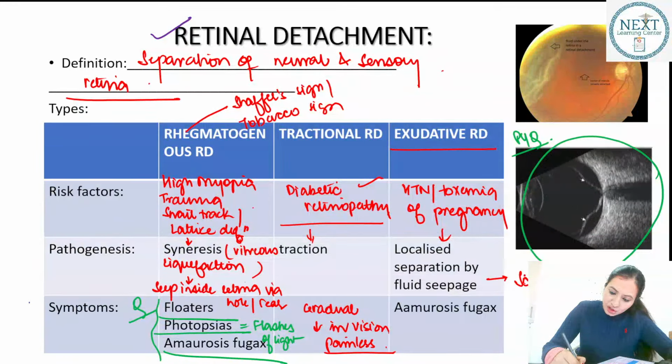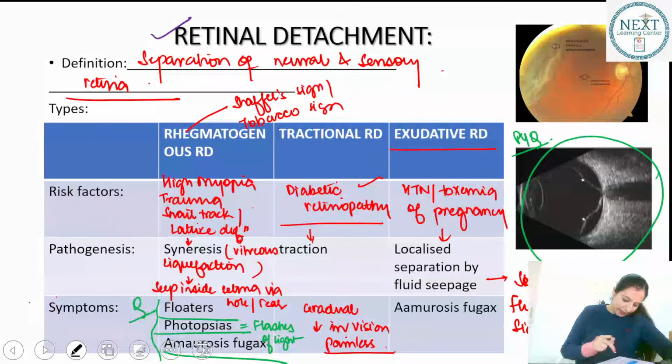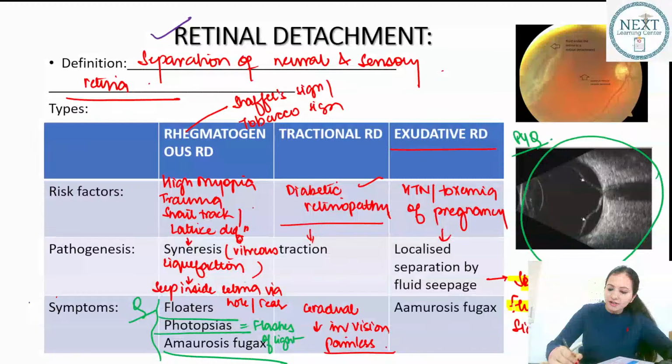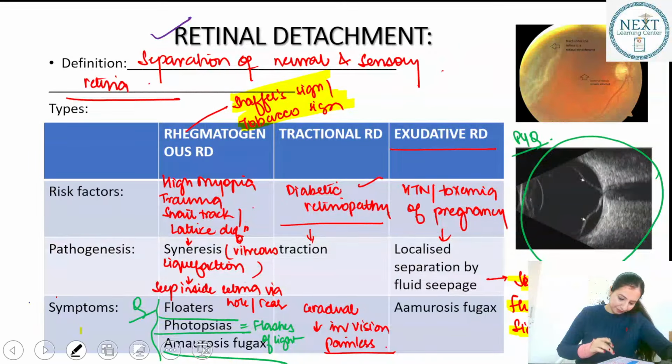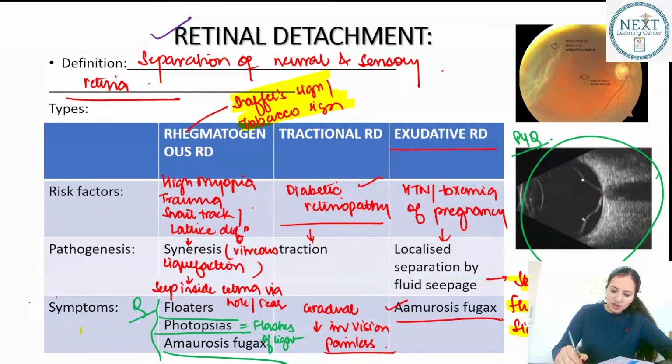It is shifting fluid sign. So shifting fluid sign is characteristic of exudative RD and Schaffer's sign is characteristic of rhegmatogenous RD. Then symptoms, exudative RD, again patient is going to come with amaurosis fugax.